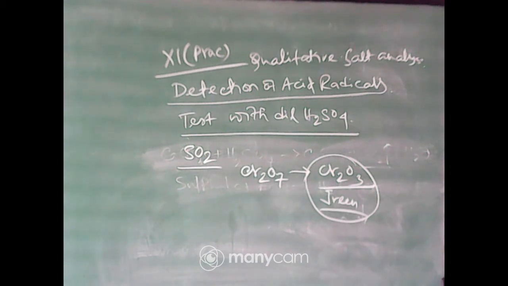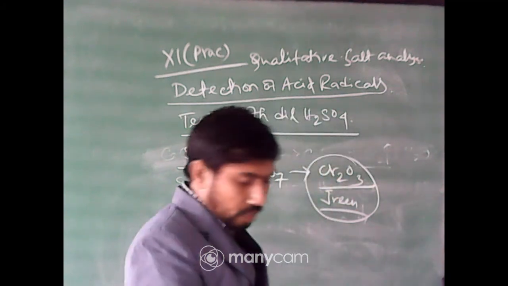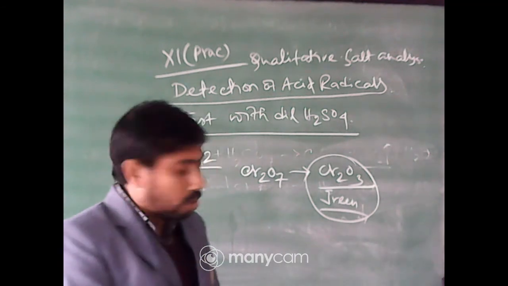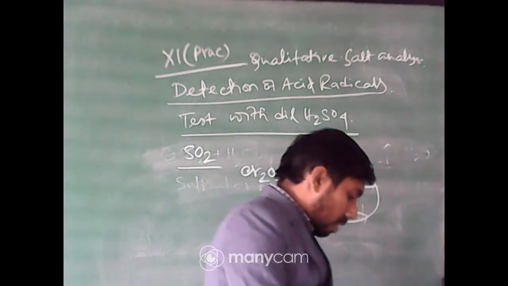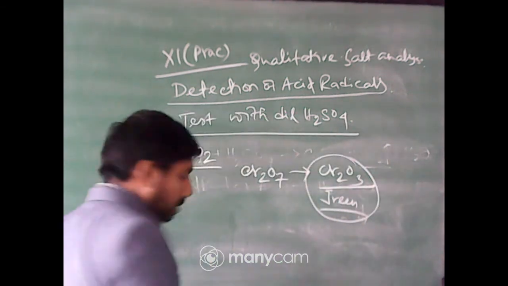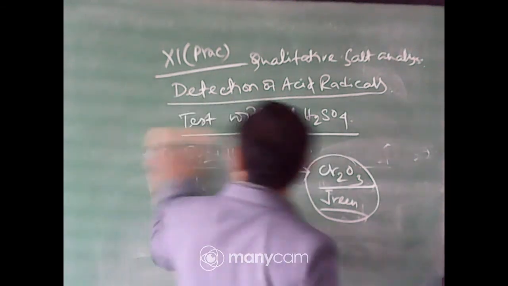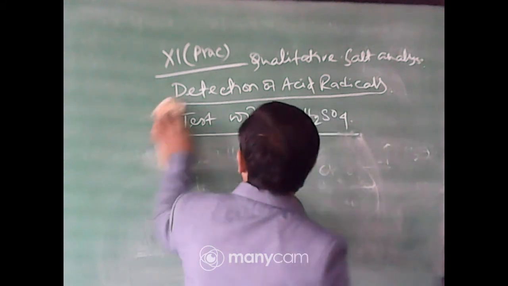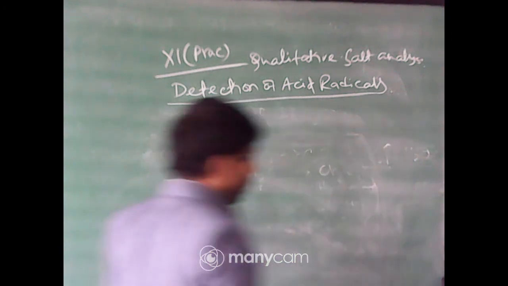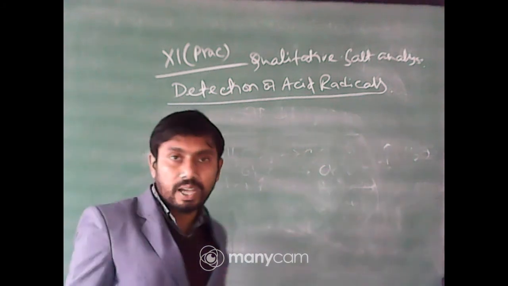So this was the preliminary test by dilute sulfuric acid. Concentrated sulfuric acid detects the halides, the nitrite and also the oxalate. So by the test with dilute sulfuric acid, the presence of the carbonates, the sulfite, the nitrite and the sulfide are found.